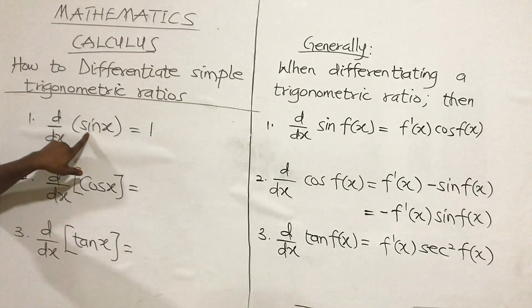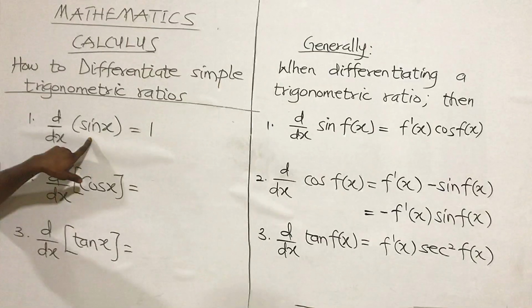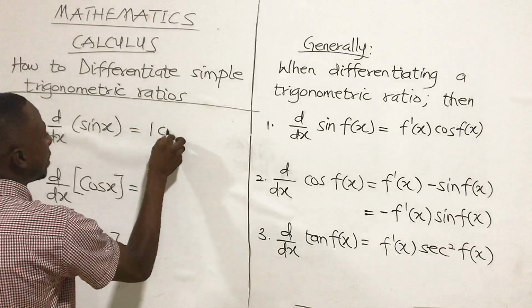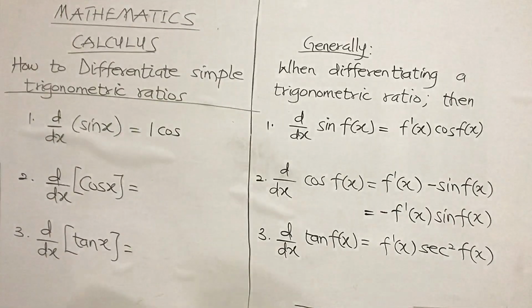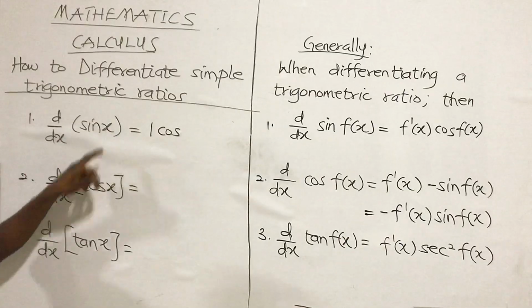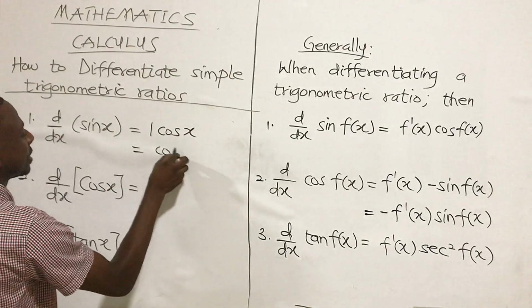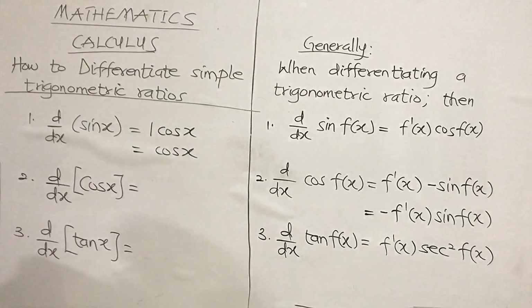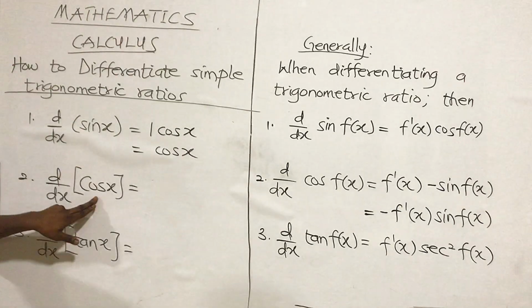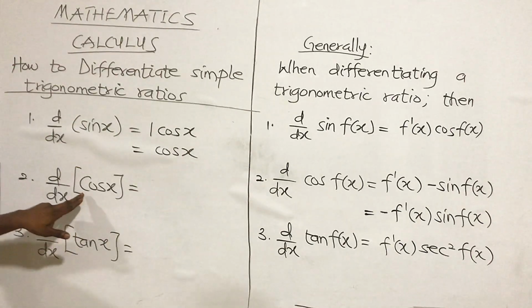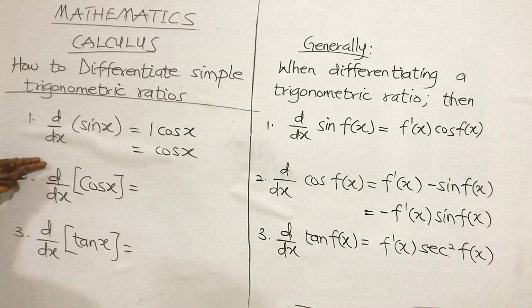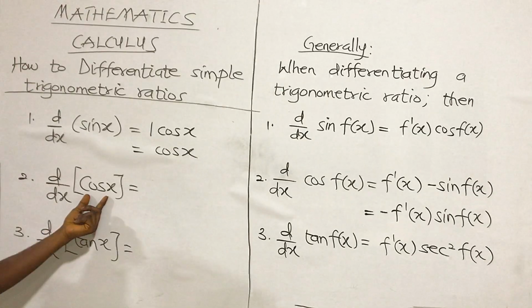Then I will now differentiate the sine, for which I am going to get cos, multiplying the function given, which is x. So here I am getting cos x. When it comes to this side, we have the differential or d/dx of cos x.